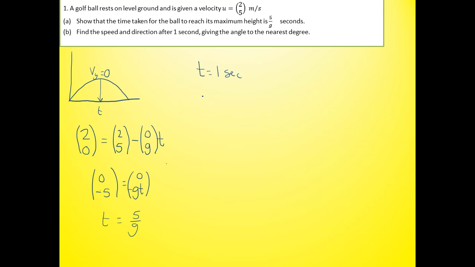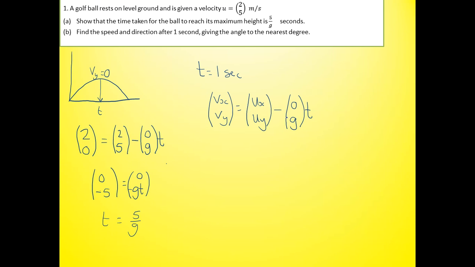So again, if we're using our SUVAT, we've got our V. Now our V in the X, V in the Y is equal to U X, U Y minus 0, G, T. So that's our equation in column vector form.